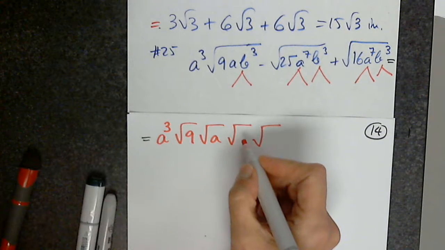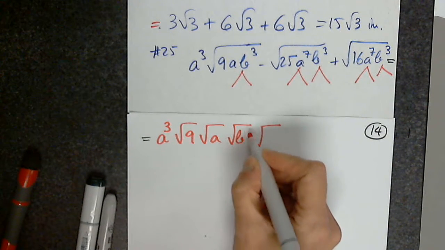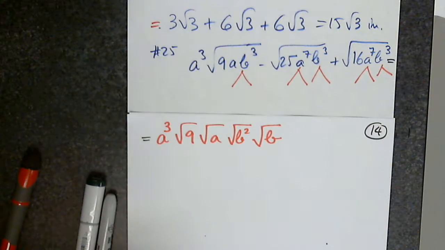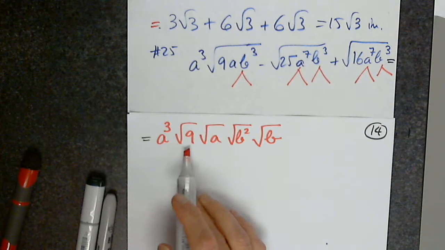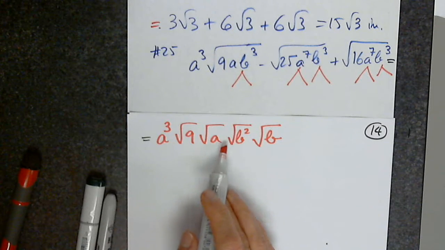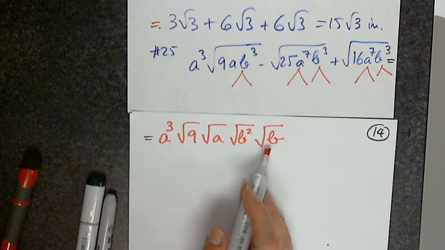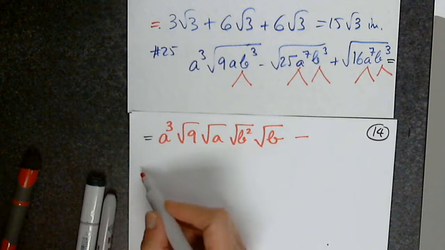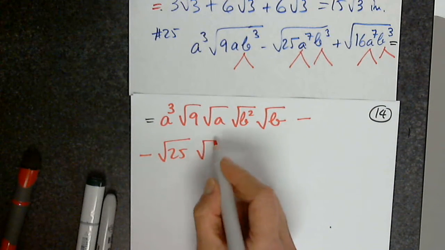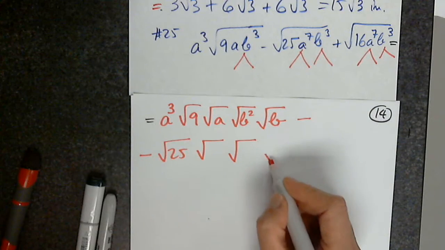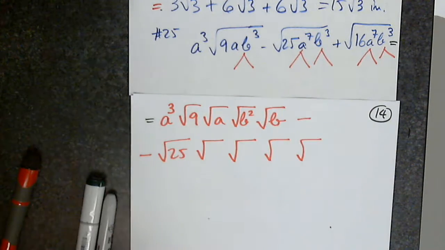Yes, Becky? And b. Very good. So indeed the first radical is a cubed, square root of 9, square root of a, square root of b squared, and square root of b. Perfect. Minus the second one, the square root of 25, what do I do with a to the 7th?